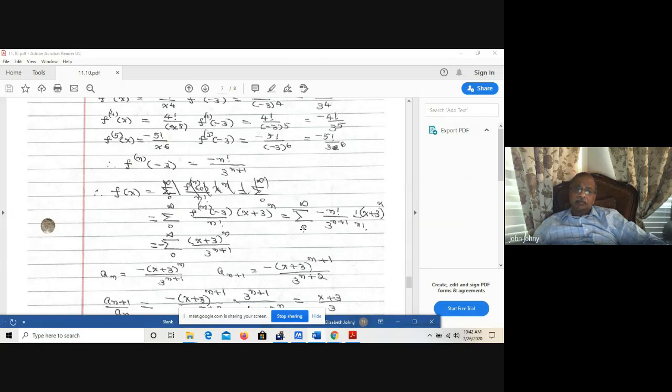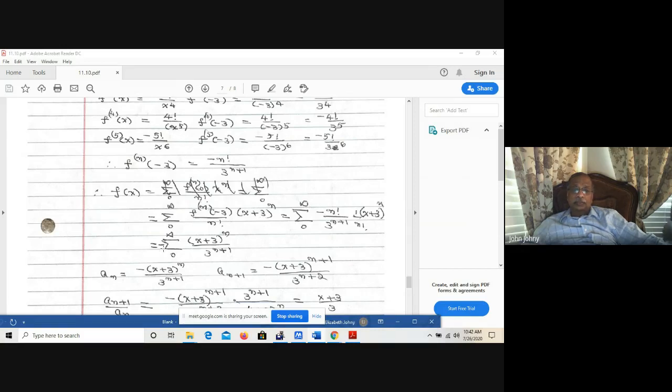That is sigma, n varies from 0 to infinity, of negative n factorial over 3 to the n plus 1, times 1 over n factorial, times (x plus 3) to the n over n factorial, and n factorial cancels and you pull out the negative.